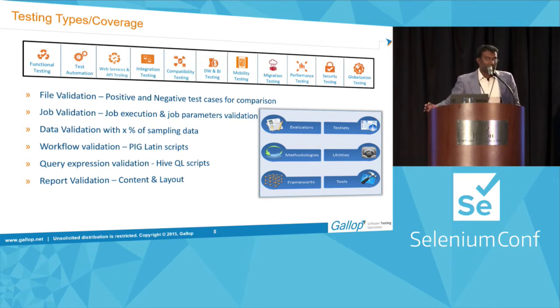Security testing is typically important for any web applications, and for any applications which have multiple channels. So this is another aspect that we definitely need to look at when we are thinking about data security and all that stuff. And then most importantly, globalization.